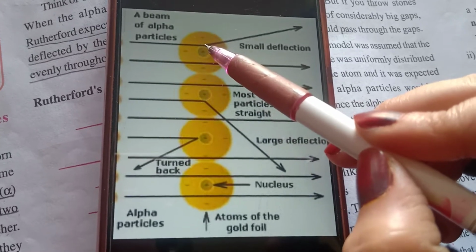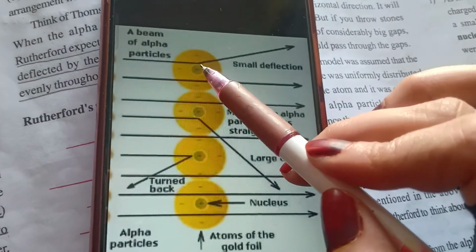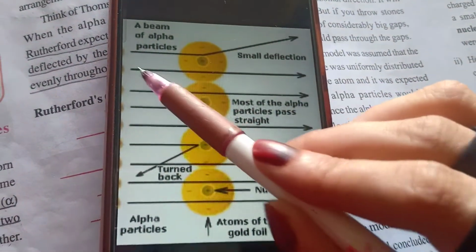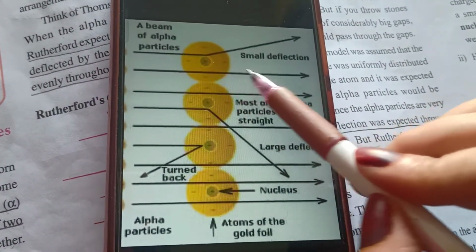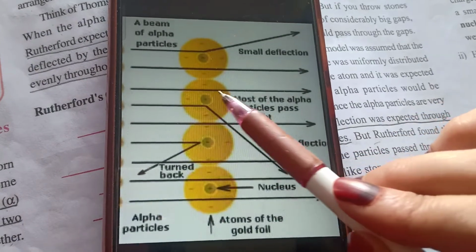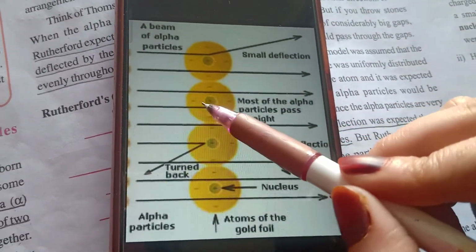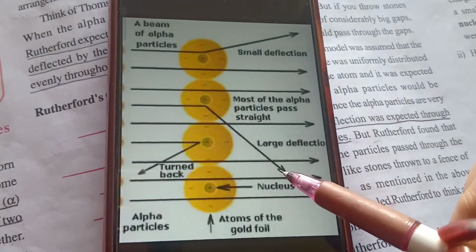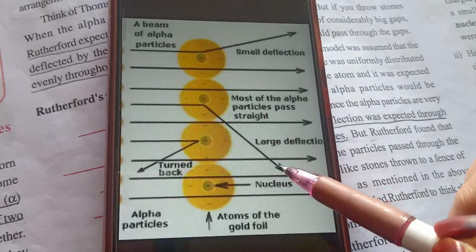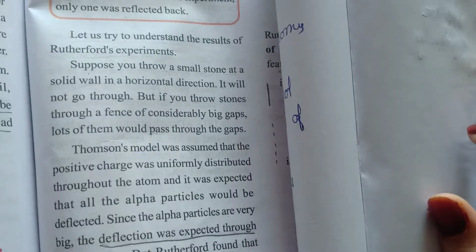As you can see here, it is bouncing off the proton. When it bounces off the proton, it changes direction. But when it goes through the electron, it goes in a straight direction. So when the electron is present, it goes straight, but when it bounces with a proton, it changes its direction, bending at some angle or bouncing back in the same direction.